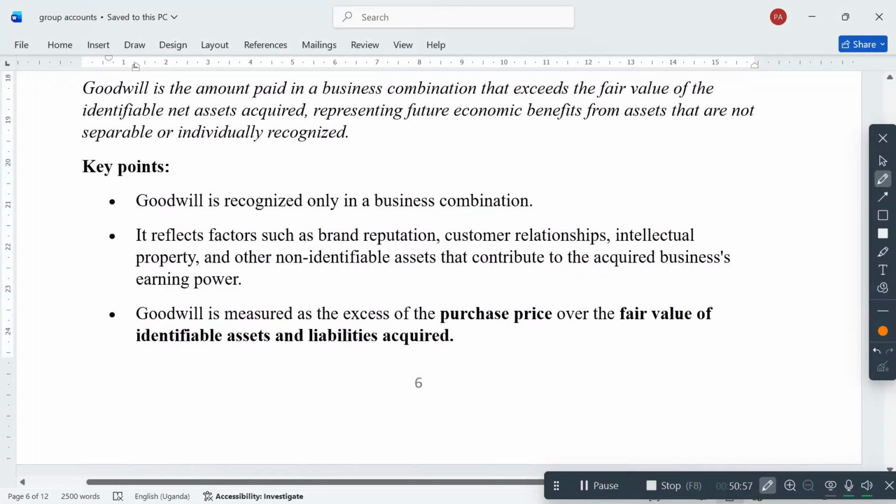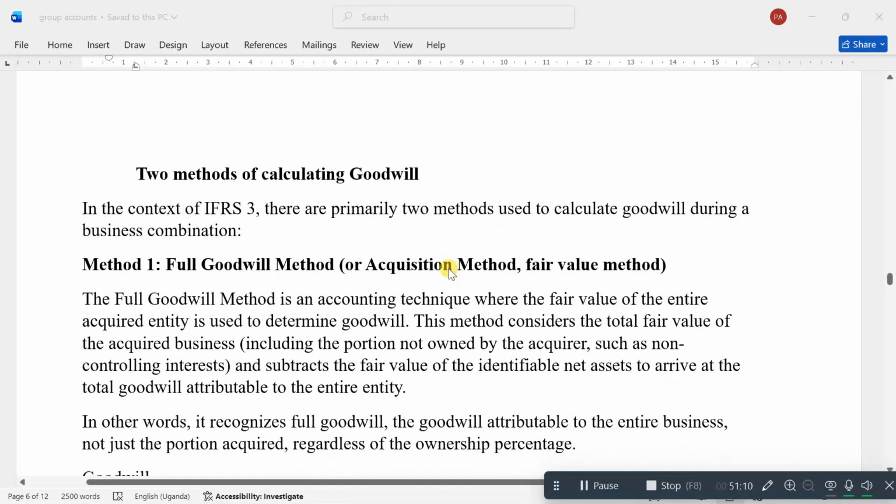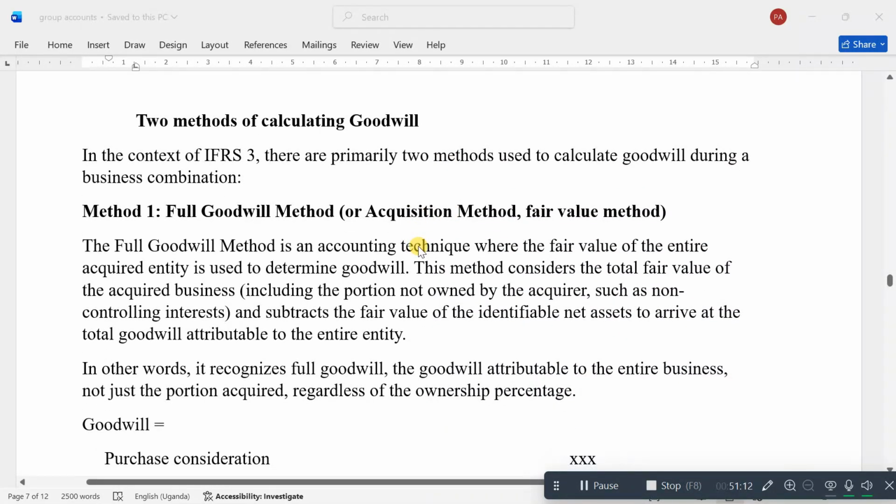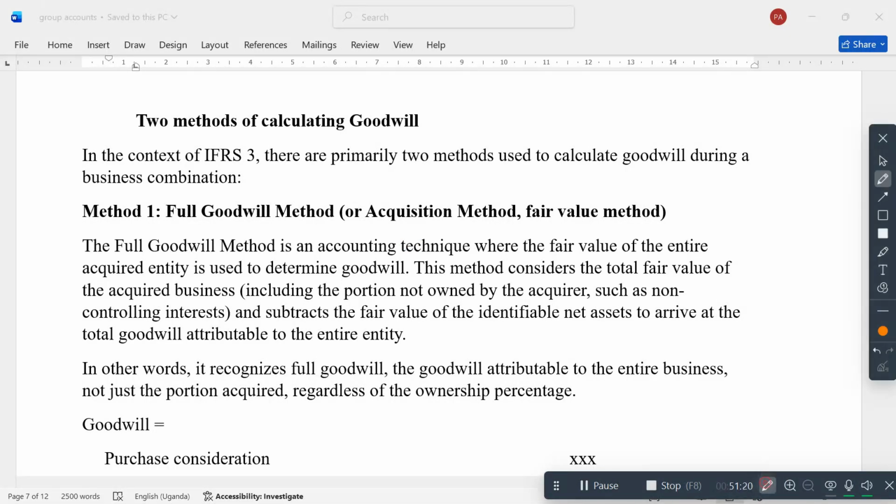goodwill, though we have seen it is very clear, getting purchase consideration minus net identifiable assets, we have methods we use when we are calculating our goodwill. Two methods. Let's go through them very fast. Two methods of calculating goodwill. In the examination, they will always tell you use method one or use method two.